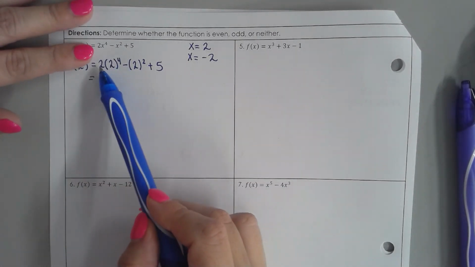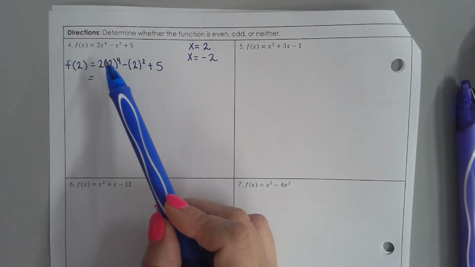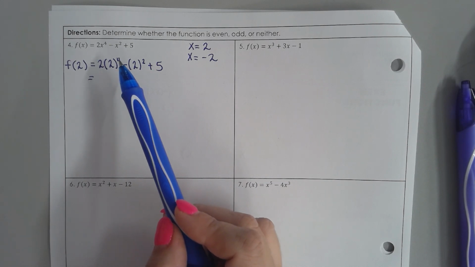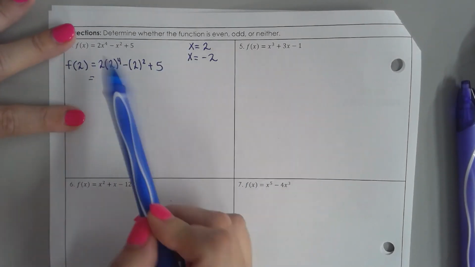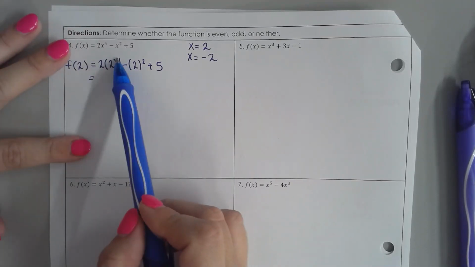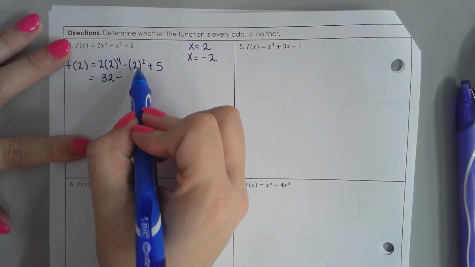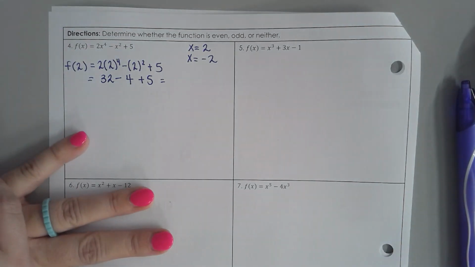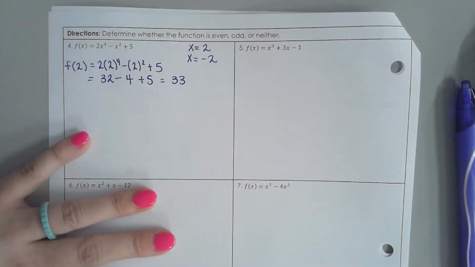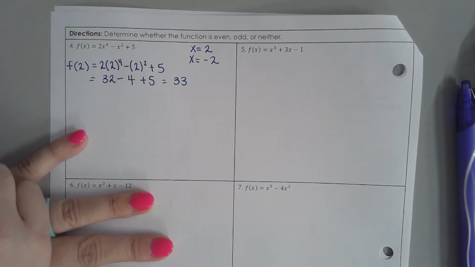So you do 2 to the 4th first. 2 times 2 is 4, times 2 is 8, times 2 is 16. So 2 to the 4th is 16. What's 2 times 16? 32, minus 2 squared is 4, plus 5 is 33. So f of 2 equals 33.